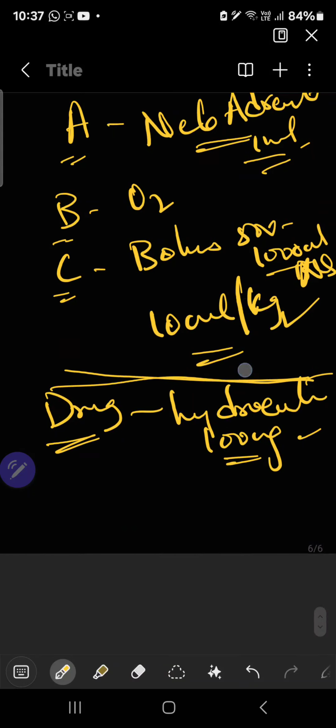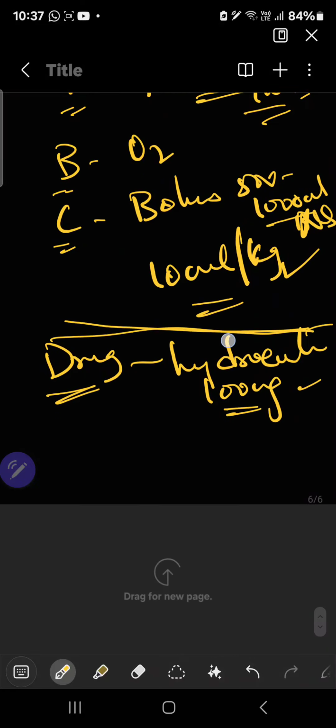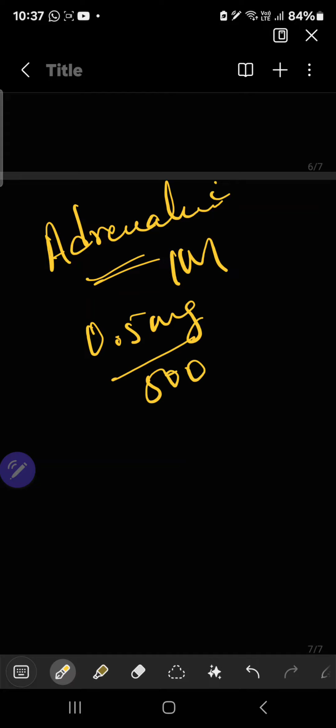And then after this, we will give adrenaline IM, 0.5 mg or 500 microgram. Where will we give it?